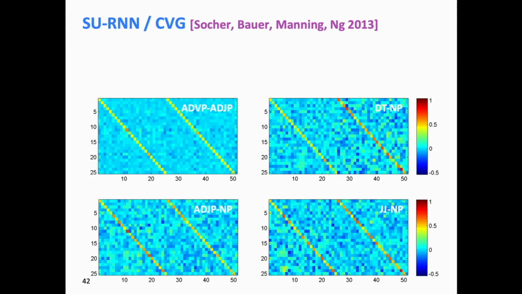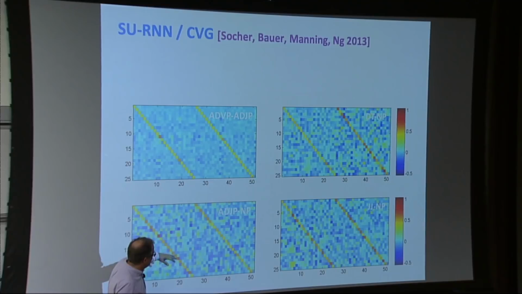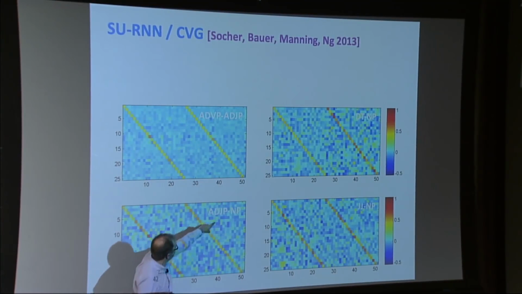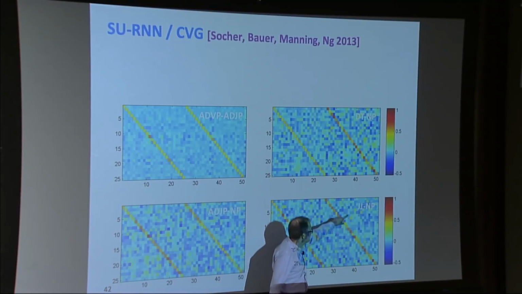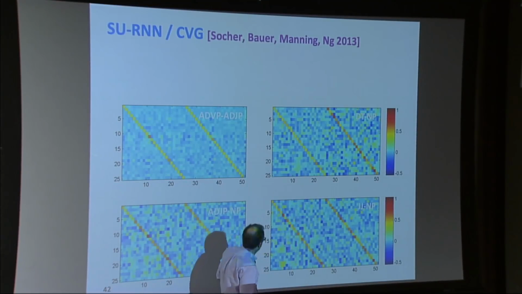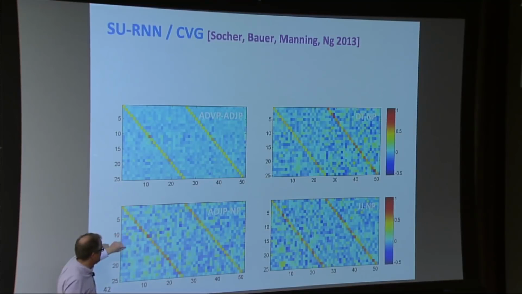This one shows a variety of modification structures, where adjectives or adverbs are modifying either a noun phrase or an adjective phrase, or just a single adjective multiplying a noun phrase. What you seem to notice is that there are particular dimensions which are capturing modification meaning.